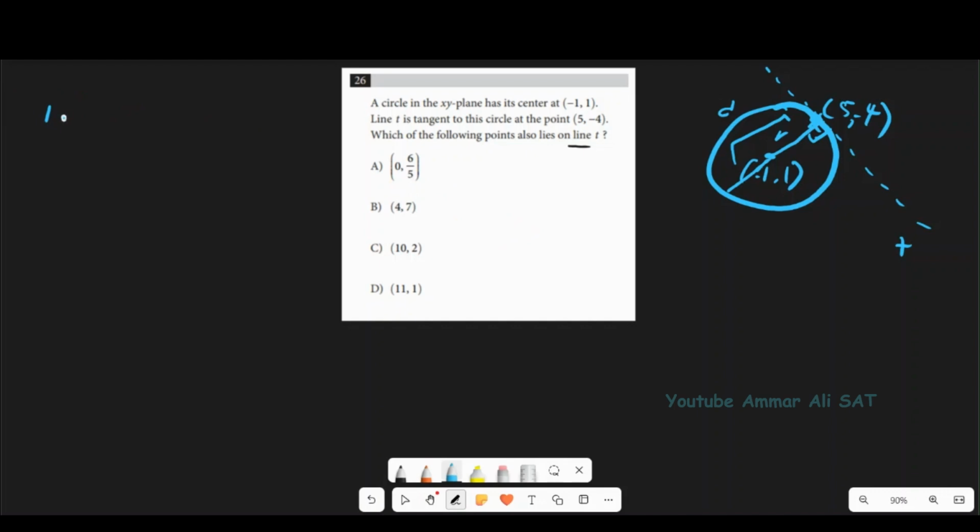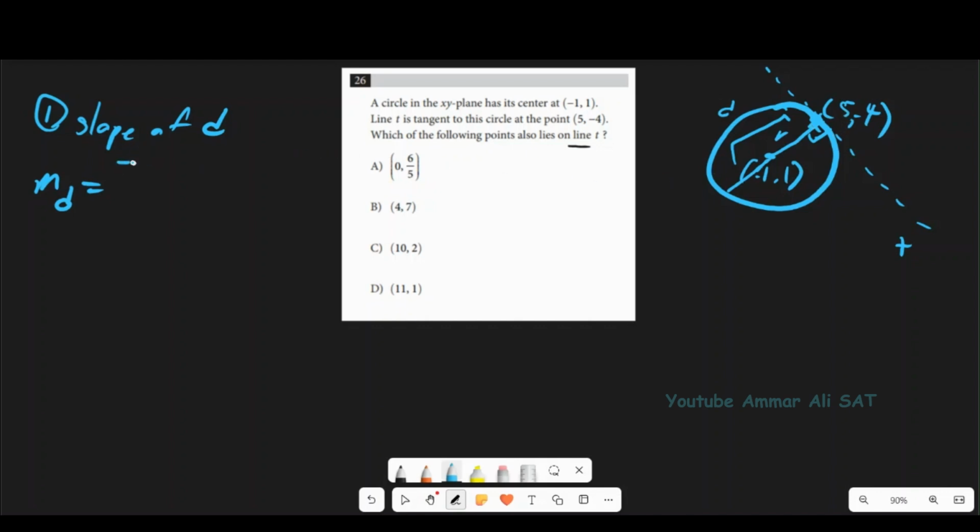So first we need to find the slope of the diameter, and that is pretty easy. I'm going to write that as m_d equal to basically (y2 minus y1) over (x2 minus x1).